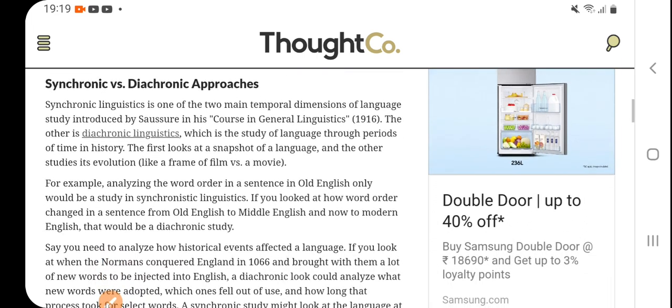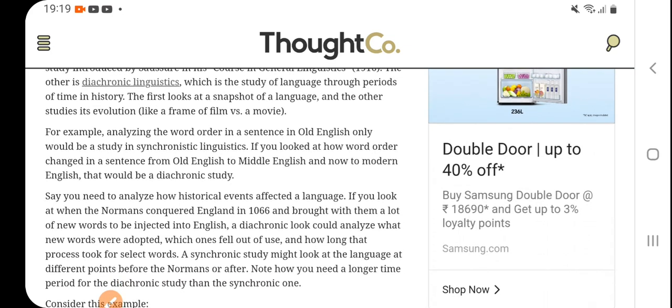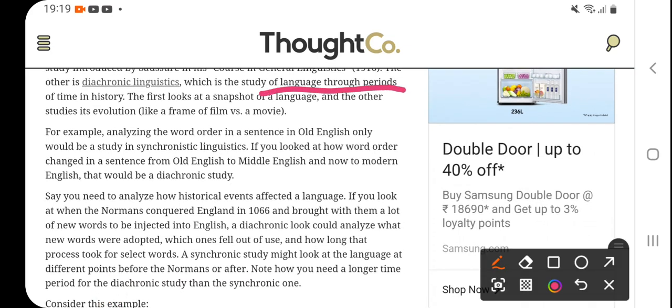Now, what's the difference between synchronic and diachronic? Synchronic linguistics is one of the two main temporal dimensions of language studies introduced by Saussure in his Course in General Linguistics. The other, diachronic linguistics, is the study of language through periods of time in history.